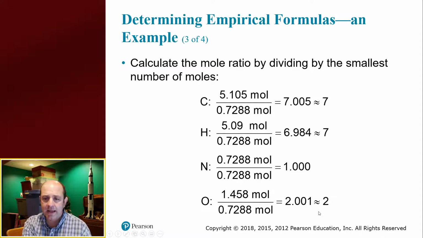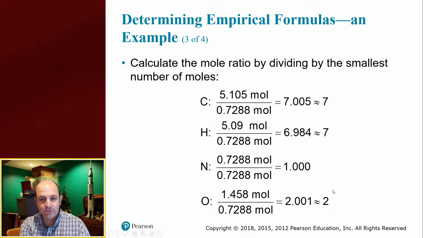Now what might happen, and they don't do any examples here in the slideshow, unfortunately, but you might get something that's like 1.5 or 2.5 or even 3.33. For those, you need to remember how decimals and fractions line up. So if you ever do this step and you get a 0.5, that's where you say, well, I want a whole number ratio, so I'm going to multiply everything by 2 so that the 0.5 gets doubled and becomes a whole number.